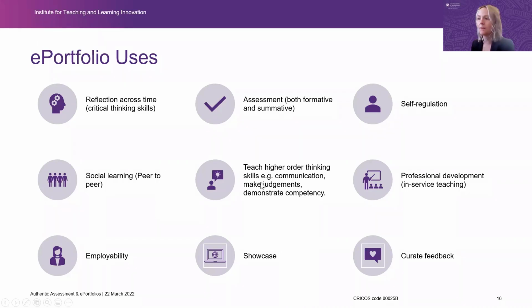And that could be, in the case of professional degrees, professional competencies, which I will show you an example of in dietetics. Professional development, we use ePortfolios as teachers as well for in-service teaching, and again, doing all the above things we just talked about and documenting our growth and development, our reflections over time.